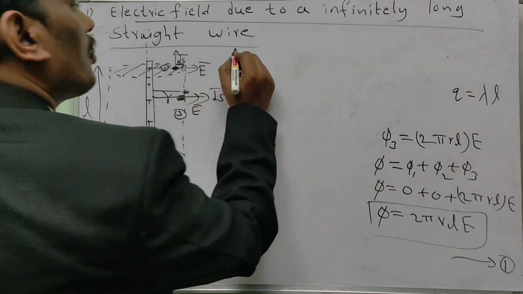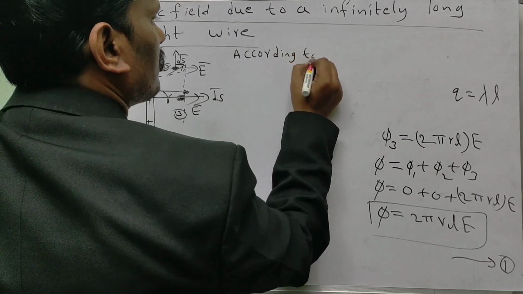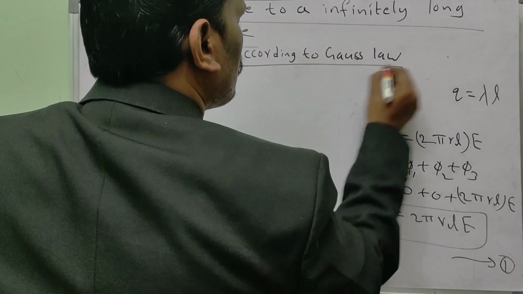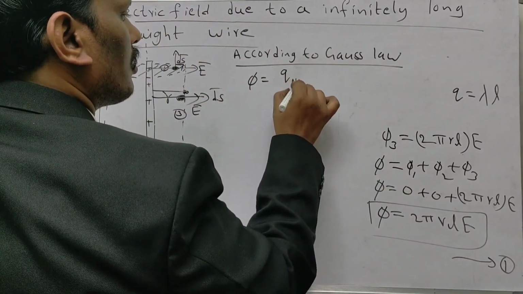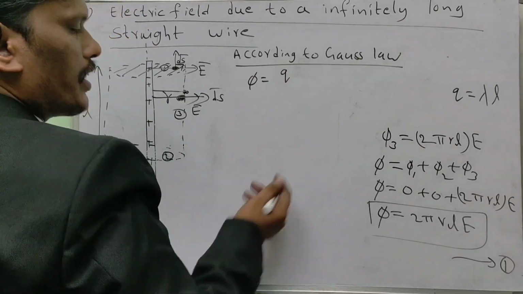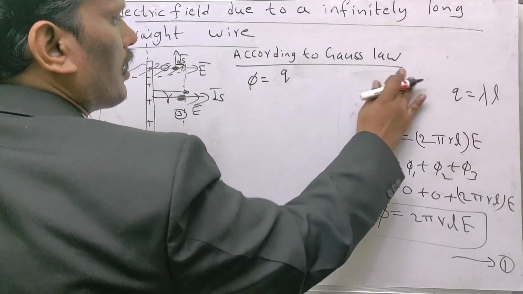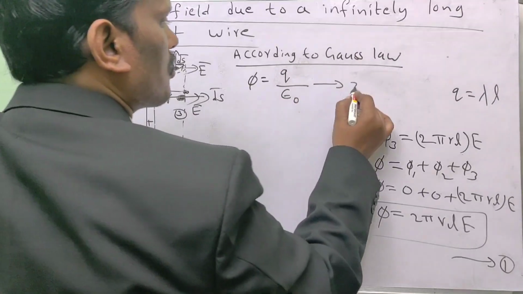Now, according to Gauss law, what is the flux formula? Q net. Here Q means Q net only. Q net upon epsilon naught. This is considered equation 2.